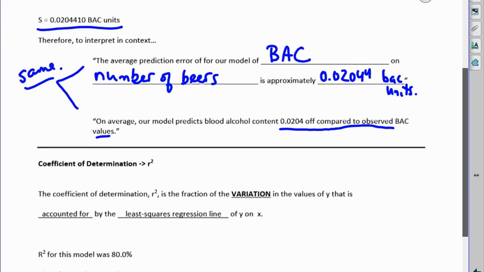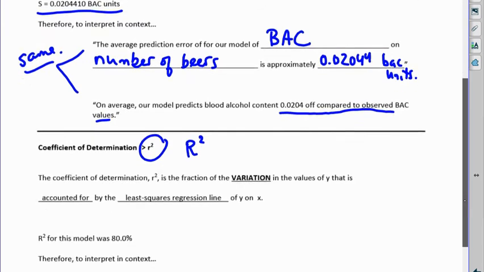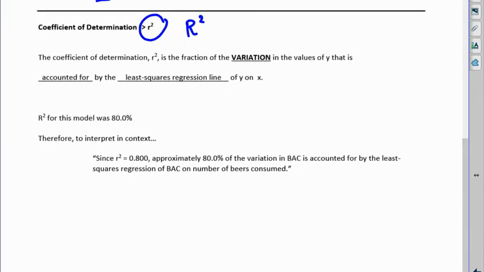Coefficient of determination, the R squared, written like that or like this. You'll see both of those either way. That's the fraction of the variation in the values of y that is accounted for by the least squares regression line of y on x. So just to be able to write that sentence, since R squared was 0.800, approximately 80% of the variation in BAC is accounted for by the least squares regression line of BAC on the number of beers consumed.